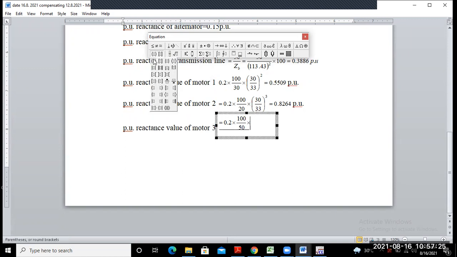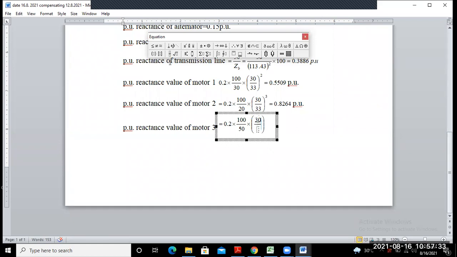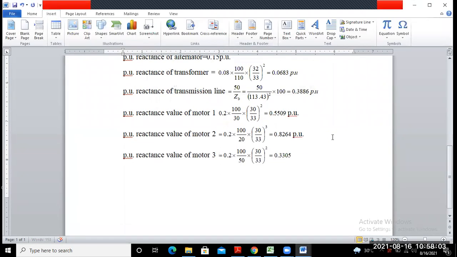Kilovolt base old is equal to 30 by kilovolt base new, 33, to the power 2. Okay. So if you solve this equation, you will get almost equal to 0.3305 per unit. Okay.